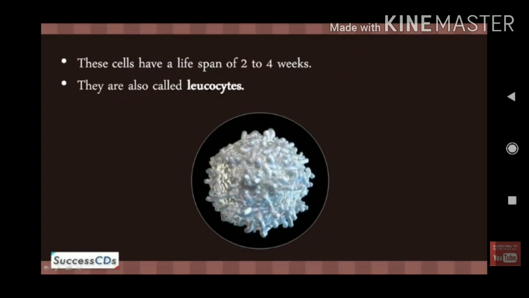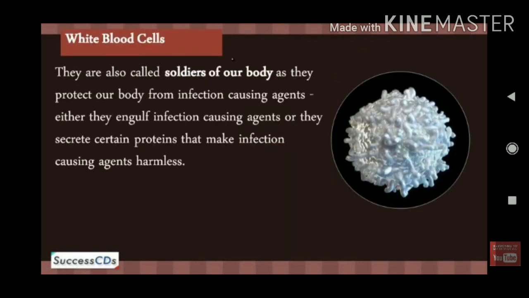In WBC, there are two types of cells. One is a granulocyte and the other is an agranulocyte.